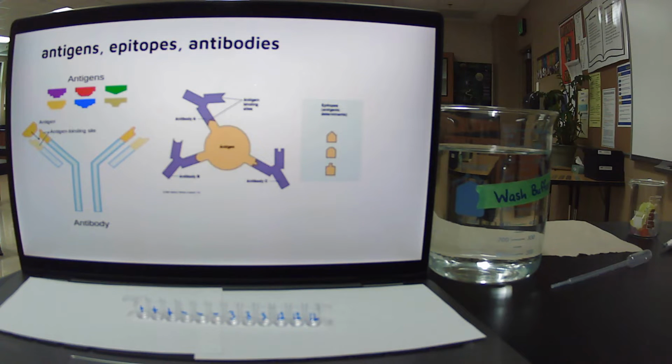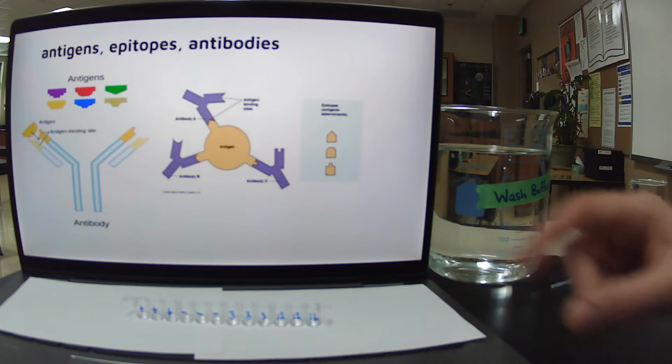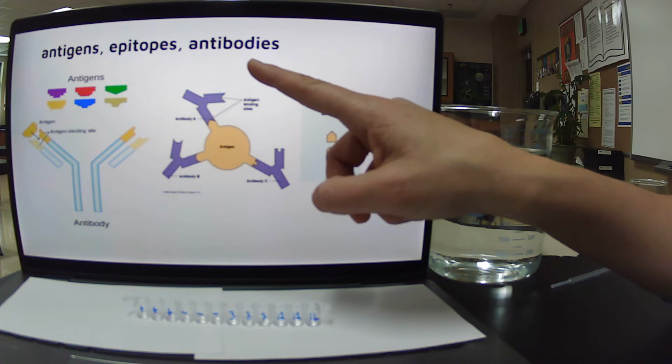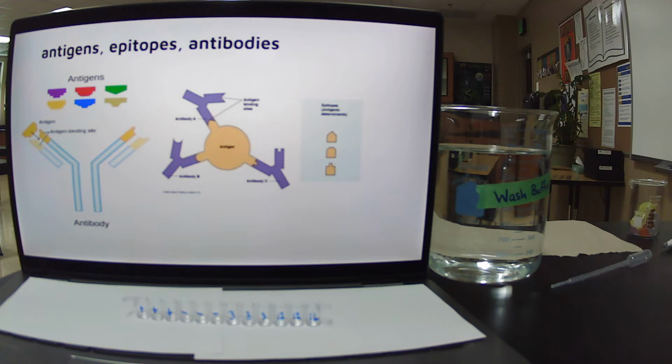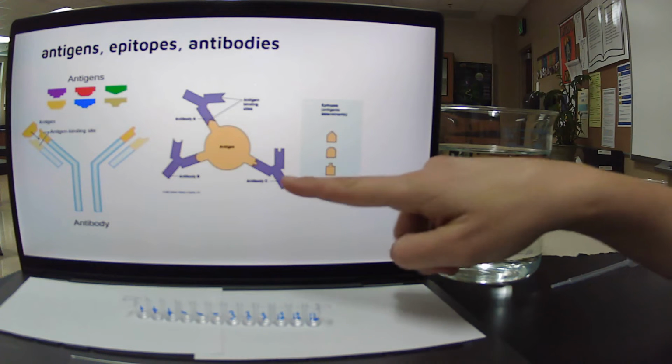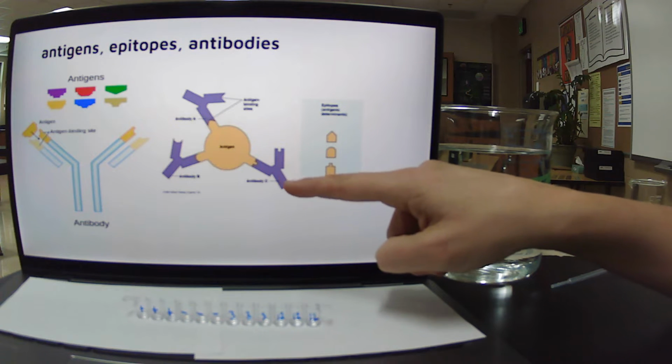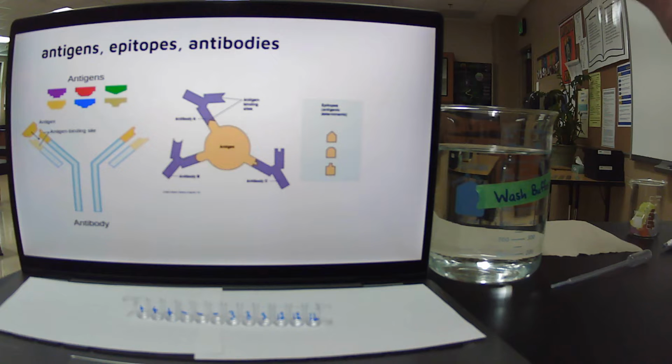Before we start here, I just want to review a little bit of vocabulary. What we're testing for here, remember, are antibodies. And we talked about this yesterday. Antibodies are proteins made by your immune system. In this image, they're represented as these purple Y-shaped things. And just like other proteins, their structure is really important to determining their function.